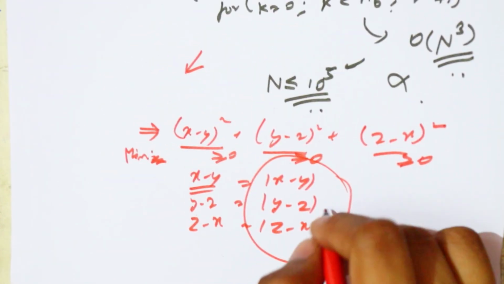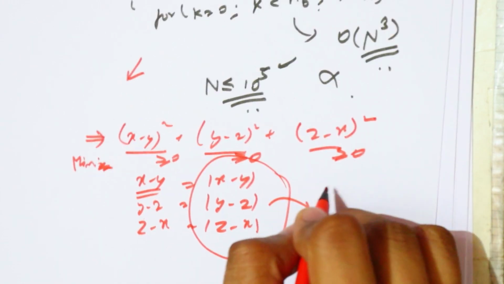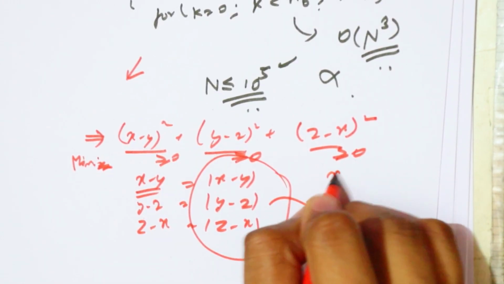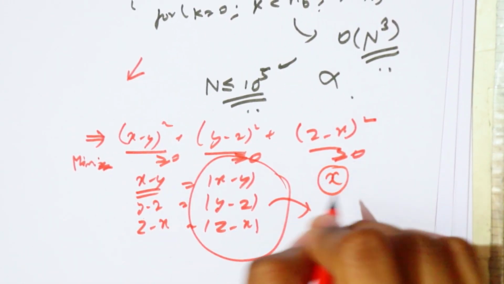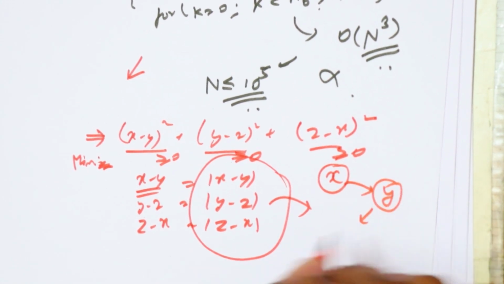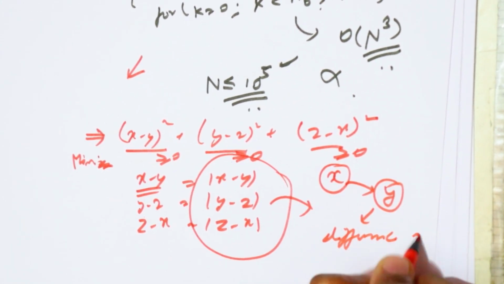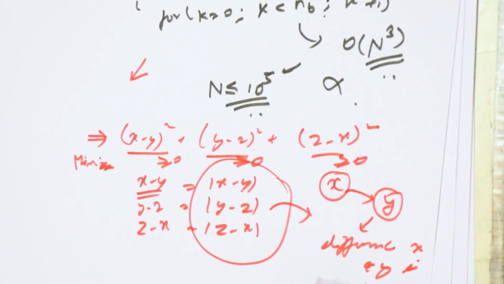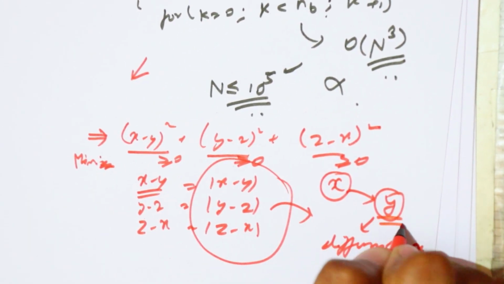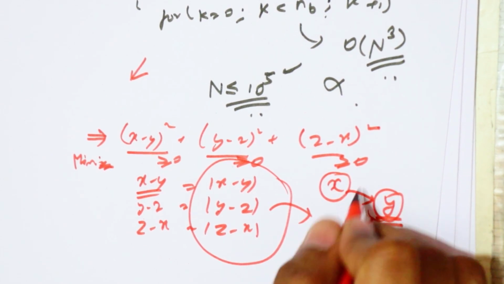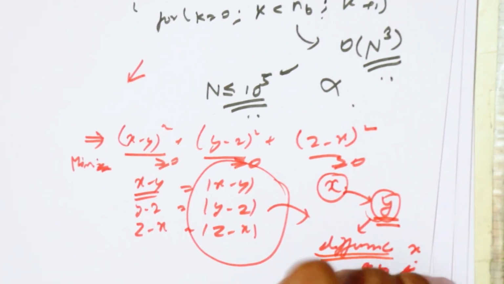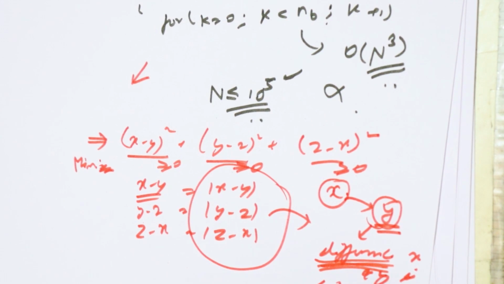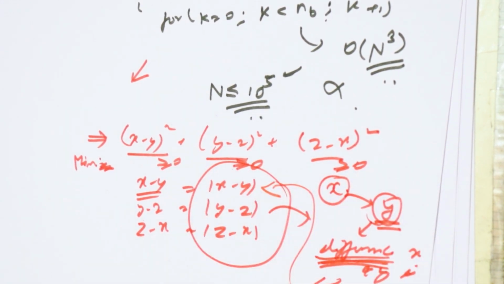What it says is that if we choose an x, we need to choose a y such that the difference of x and y is minimum. Because if we choose a y for that x such that the difference is minimum, only then will we have its minimum value.